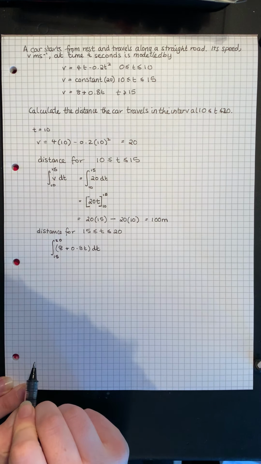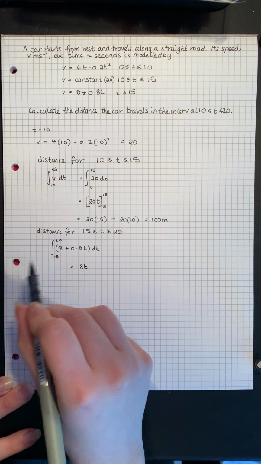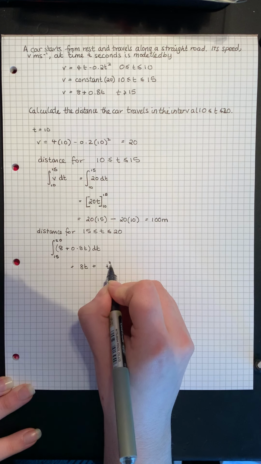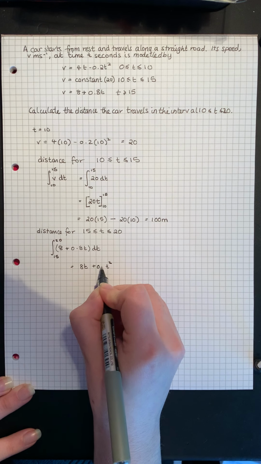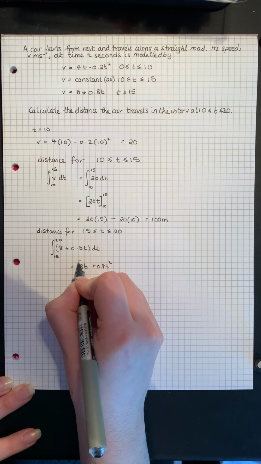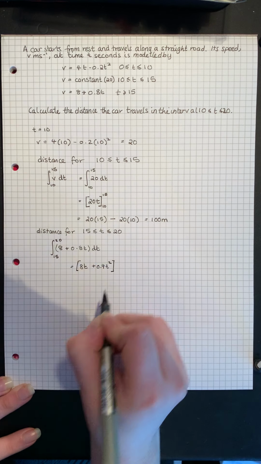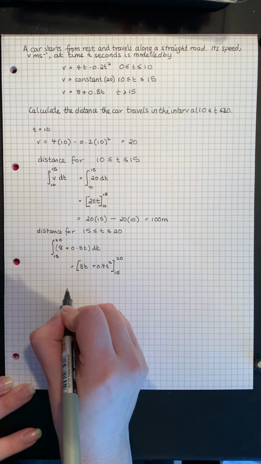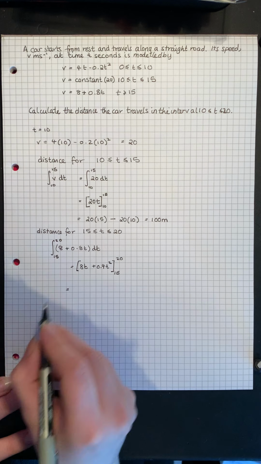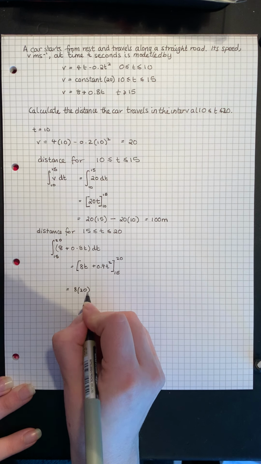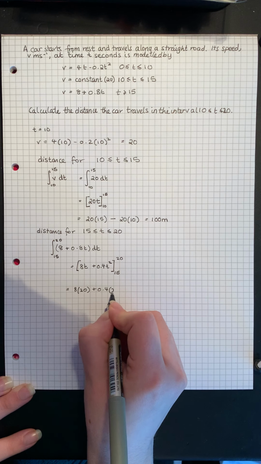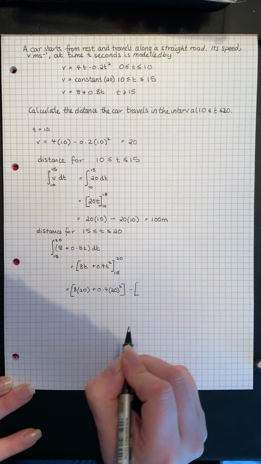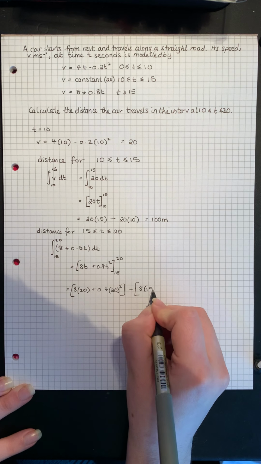So let's integrate that. We get 8t. Then here we're going to need to increase the power by 1, which gives us t squared, then we divide by the new power. 0.8 divided by 2 is 0.4. Again, we don't need a plus c because we are doing a definite integral. So we put our square brackets and we put our limits on. Then we substitute in our upper limit first, then we substitute in our lower limit and subtract it.